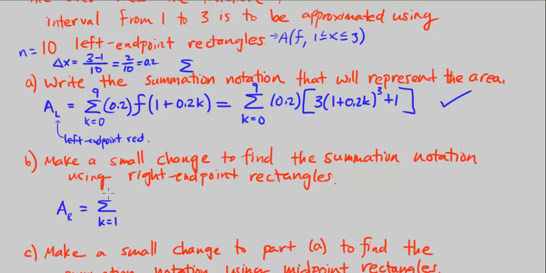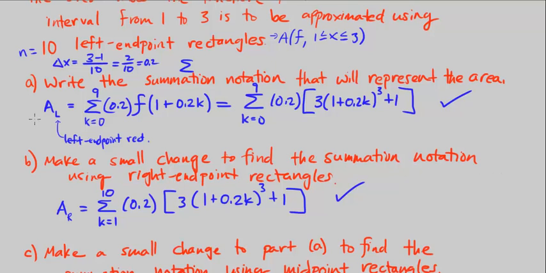Instead of 9 as the stop index, 9 plus 1 is 10. And the rest is exactly the same. 0.2 is the width. 3 times 1 plus 0.2k cubed plus 1 is the height of every rectangle. And again, this is for right endpoint rectangles.